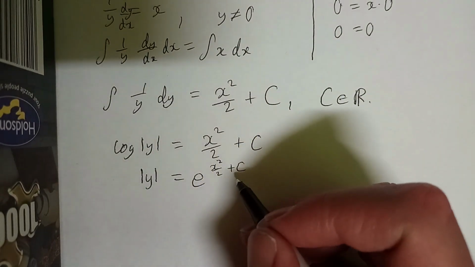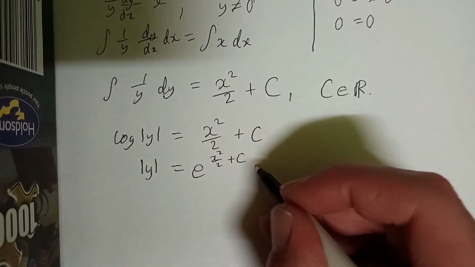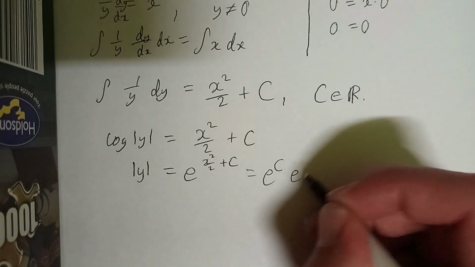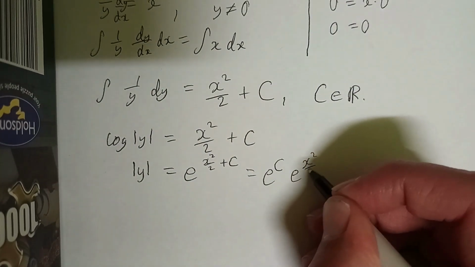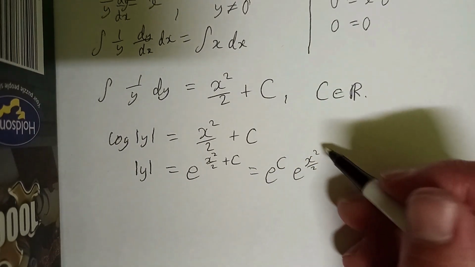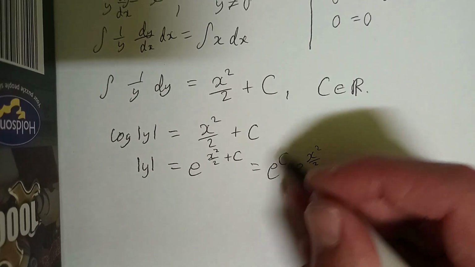Now this expression here, e to the power x squared over 2 plus c, can also be written as e to the c times e to the x squared over 2. Now this e to the power c is just some constant in itself.